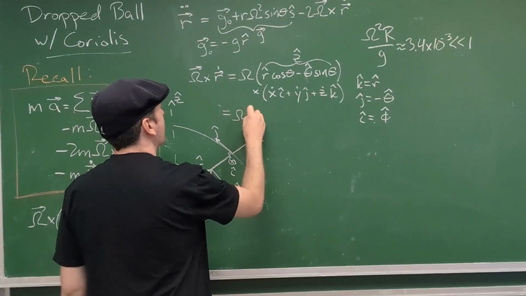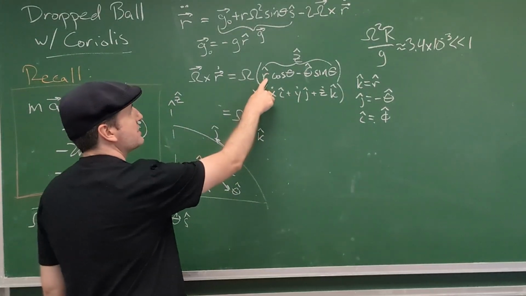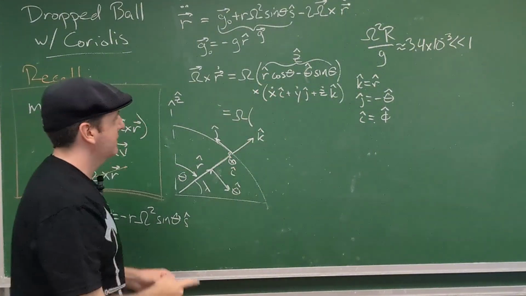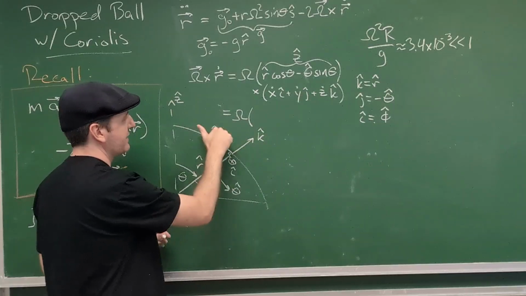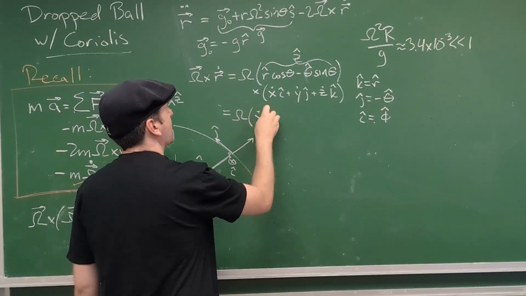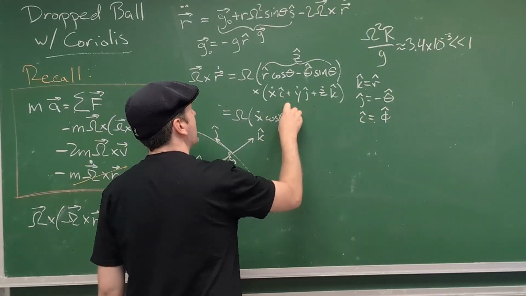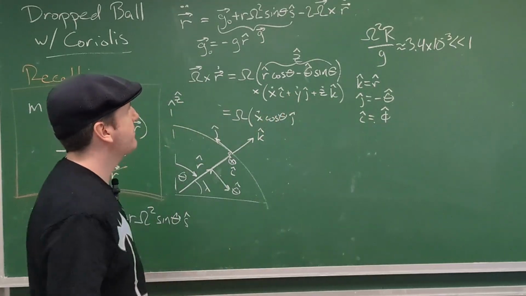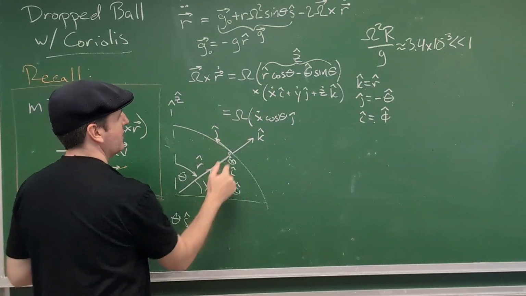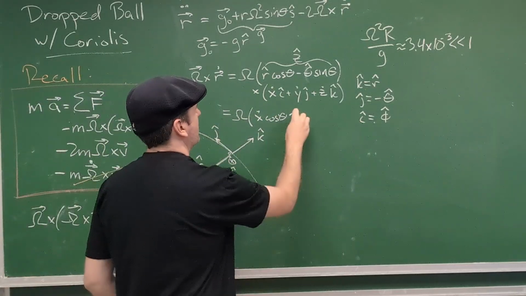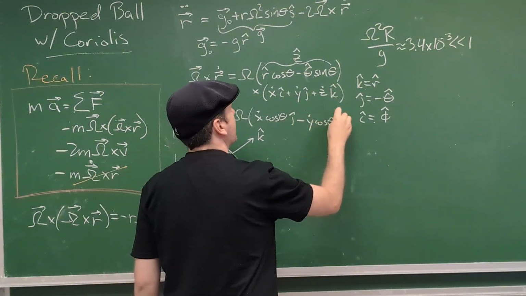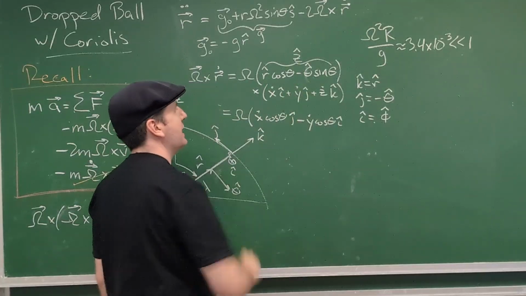We'll have an omega, which is the same thing as k hat, cross i hat. So k hat cross i hat is in the j hat direction. So I'll have an x dot cosine theta j hat as my first term. k hat cross j hat is in the negative i hat direction, so minus y dot cosine theta i hat, and k hat cross k hat is 0.